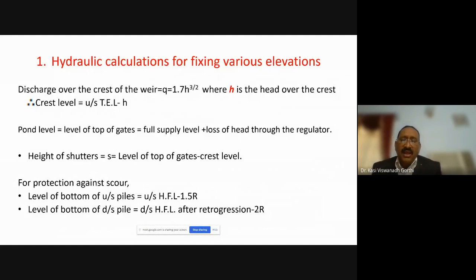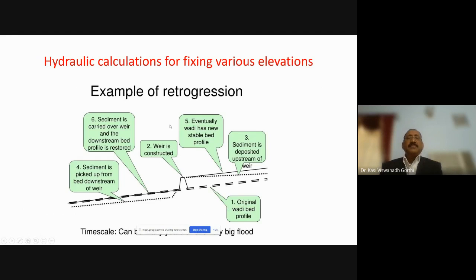So it is necessary that we provide more depth for the downstream pile. Then what is this, after retrogression? So downstream HFL after retrogression minus 2R you need to take. So what is this after retrogression?